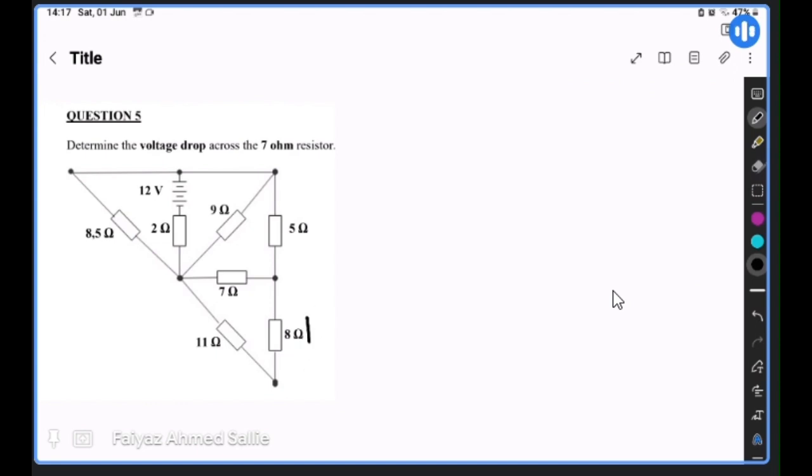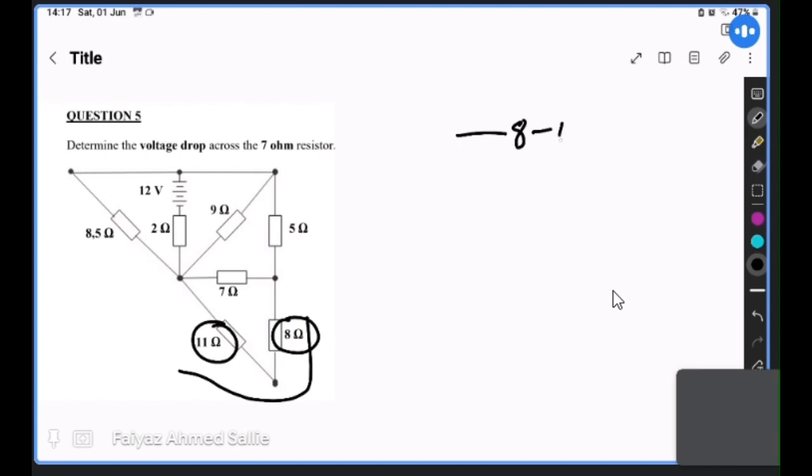So we can see that number 8 and number 11 are in series. So let's start with the 8 and 11 in series.